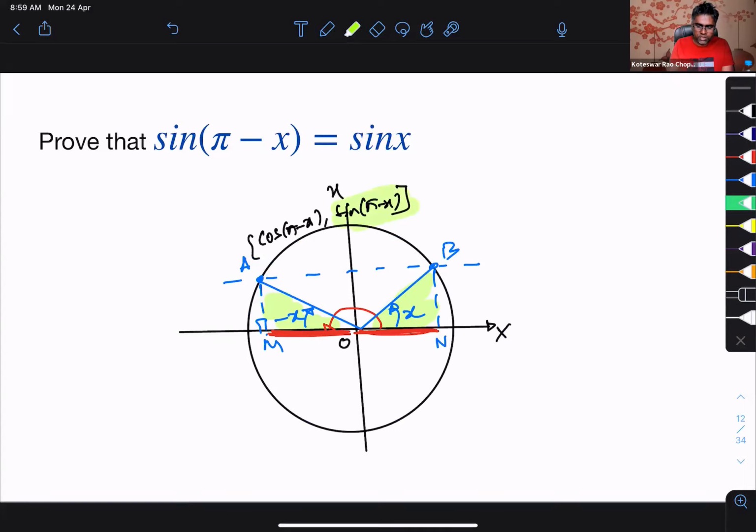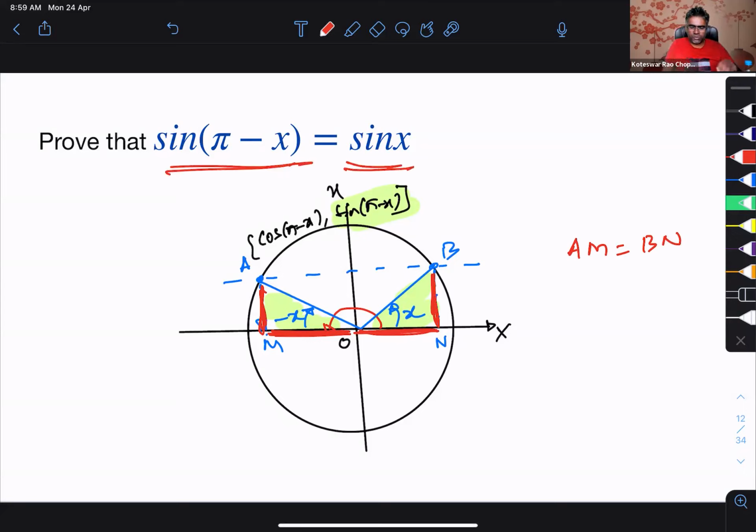For these two points A and B, we're going to get the y values. We have just established that OMA and ONB are congruent triangles, and I have drawn a horizontal line parallel to the x-axis. So it clearly makes AM and BN equal, and both are positive. That is why sine of pi minus x is simply sine x.